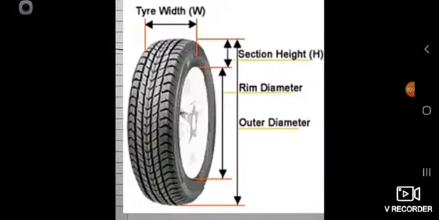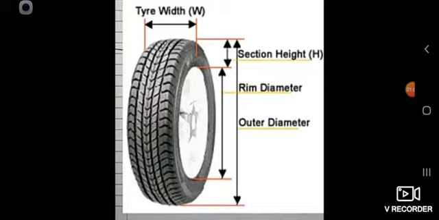Before moving to the tire specification, let us first find out the tire geometry, the particular geometry of a tire. When we go to a shopkeeper or a seller, we ask for a tire for our particular car or bike. Maruti Omni has a different rim diameter, and Scorpio has a different rim diameter.